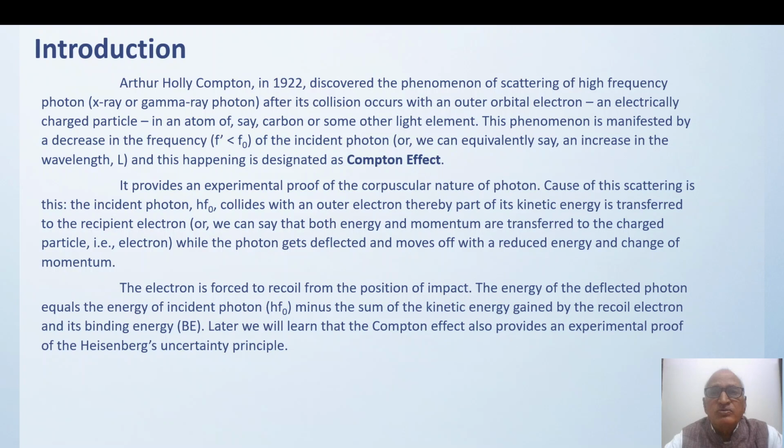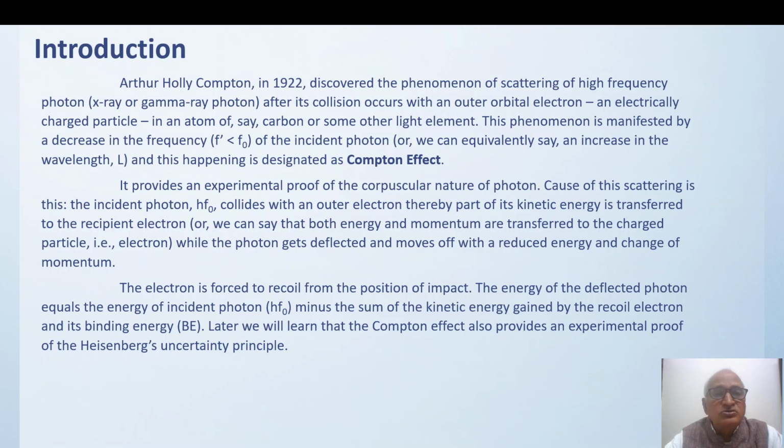This phenomenon of Compton shift is manifested by a decrease in the frequency of incident radiation. That is f prime less than f0, where f0 is initial frequency and f prime is the emergent frequency after collision.